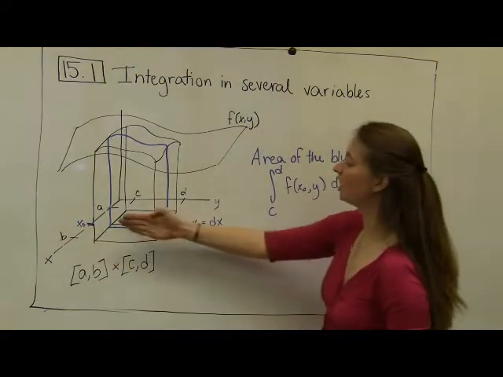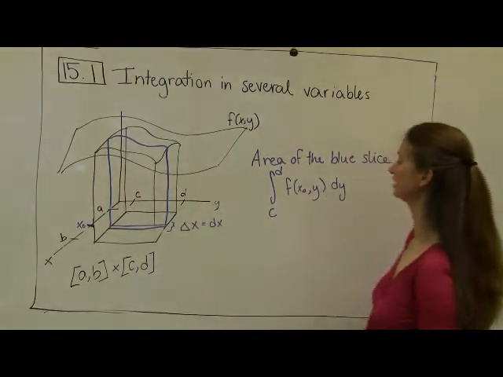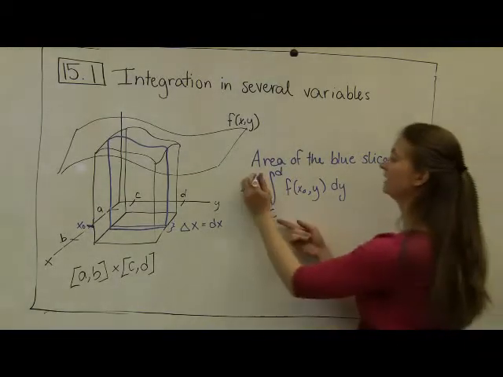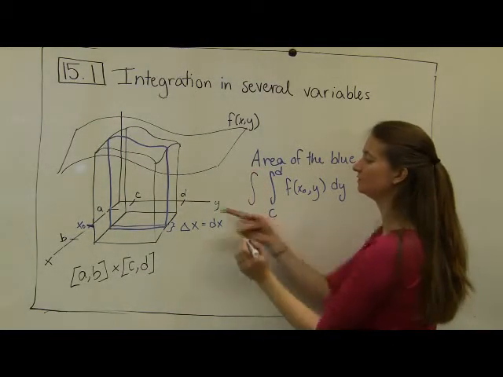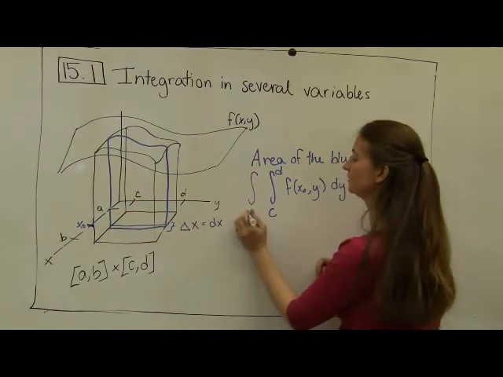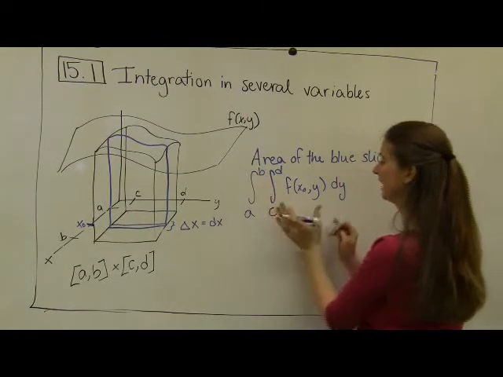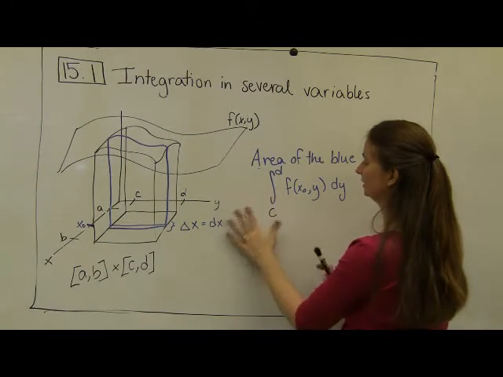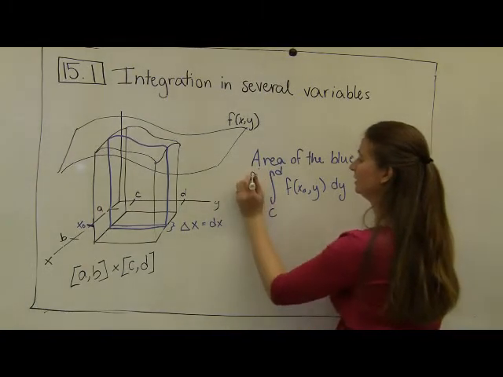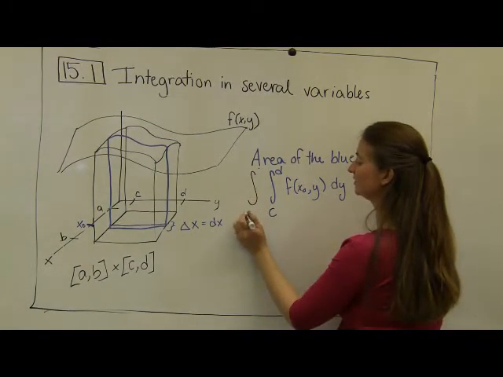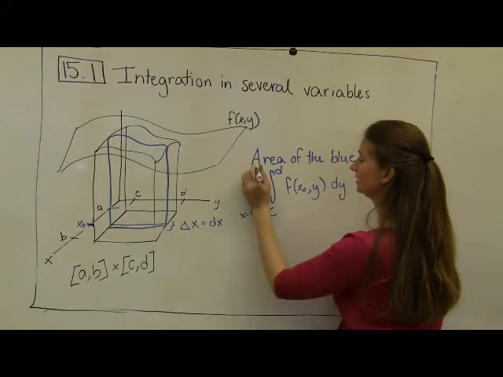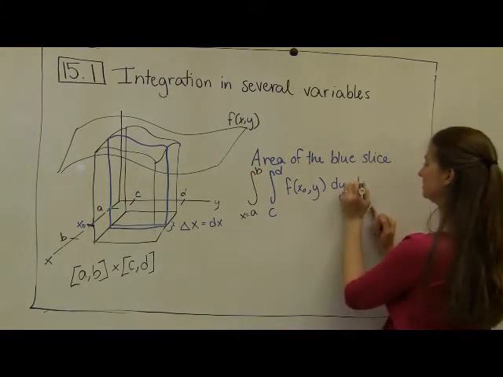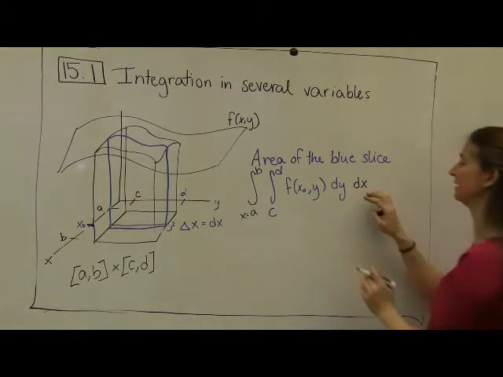So if I sum up all of the slices in this direction, I would have to be integrating as my x naught values went from a to b, and the width of each, maybe I'll write this in black, that'll be clearer. Integral as my x value goes from a to b, and the width of each of those slices is given by dx.